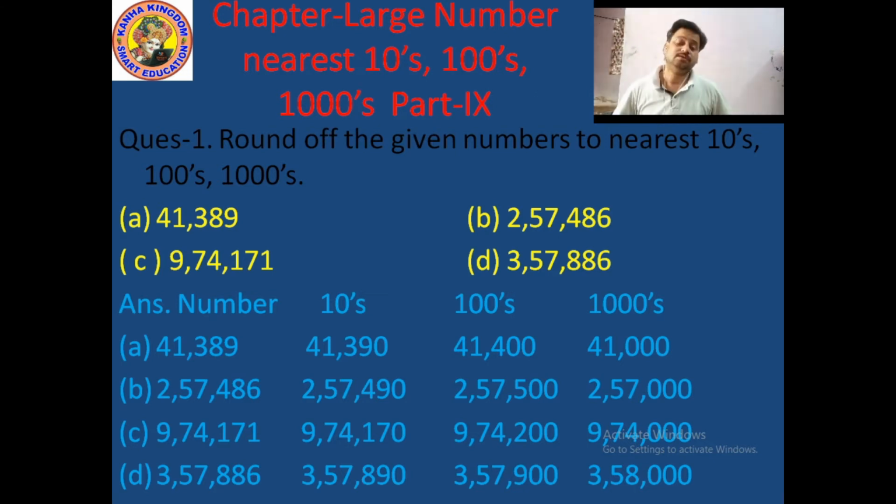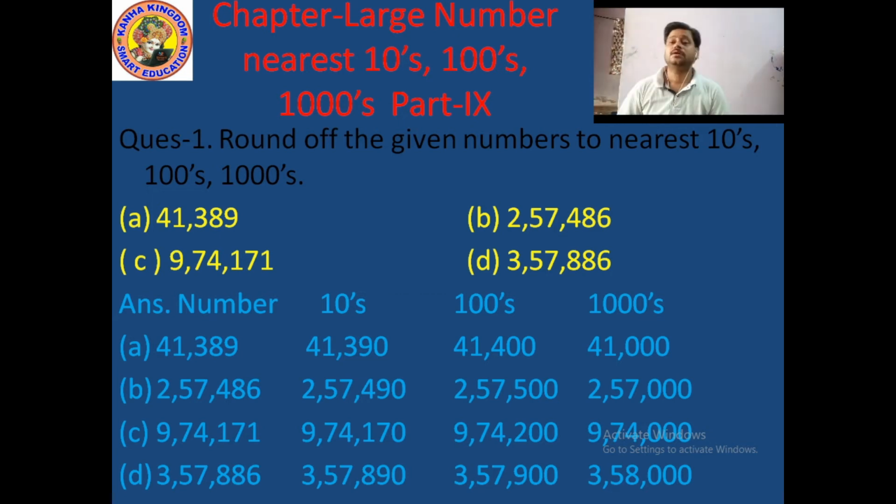Okay, so nearest 10. First we check the ones digit. Here also there are two rules you all know.